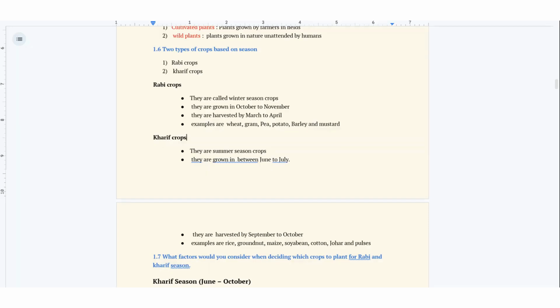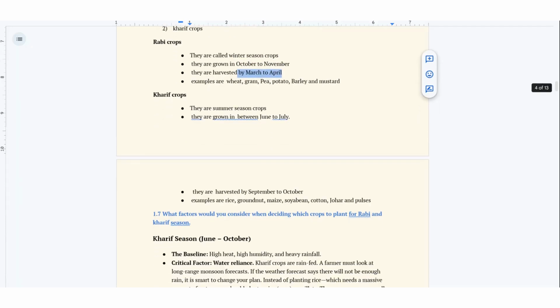So planted in winter, sorry, growth in winter and harvested in summer. So let's memorize it. Rabi crops are winter crops grown in October to November, harvested by March to April, and then the examples.